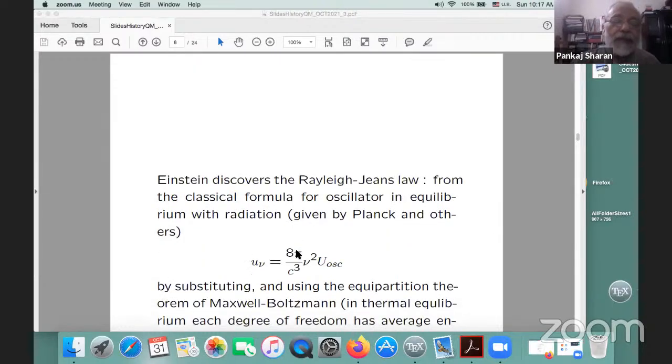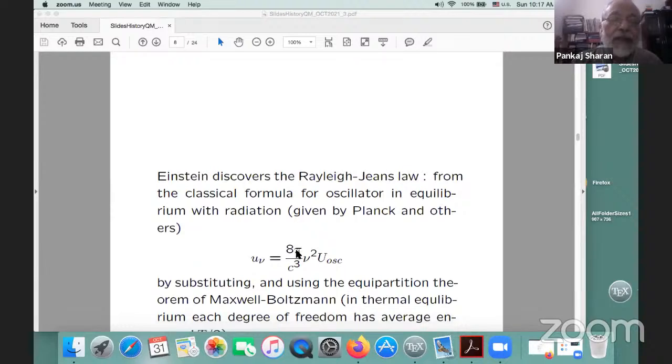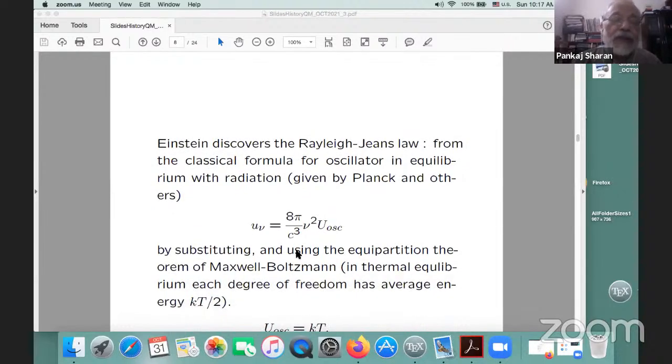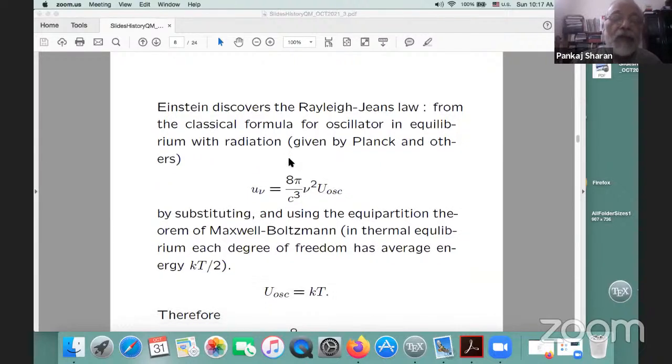So the first thing that Einstein does is he kind of rediscovers the Rayleigh-Jeans law. It is also well known that Einstein was not aware of the Rayleigh-Jeans law. But of course, he was aware of this formula, of Planck and also others. This is the classical formula I was talking about a little before, where the black body radiation density is related to the oscillator's average energy when it is in thermal equilibrium with this radiation.